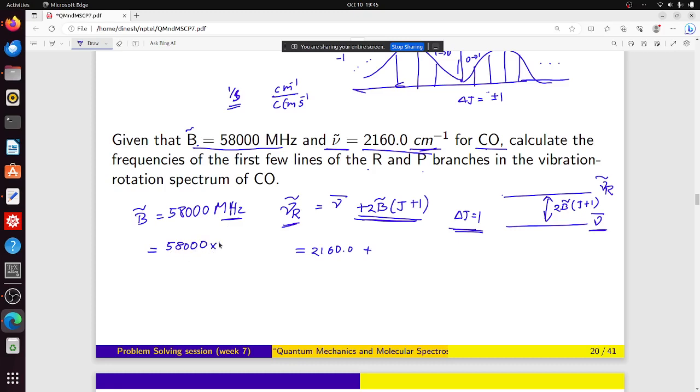Megahertz is 10 to the power 6 hertz, meaning second inverse. If I divide by the speed of light, 3 times 10 to the power 8 meter per second, this will give me 58 divided by 3 times 10, in meter inverse.